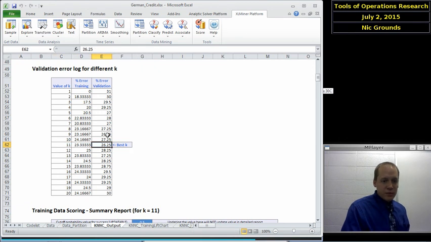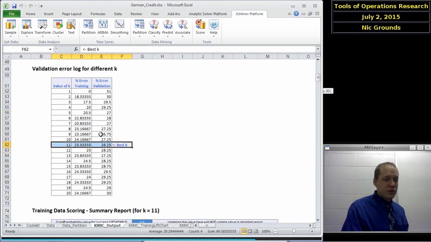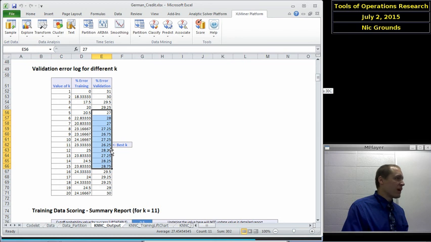Now, a k of 11 seems optimal, but let's be honest, every k in this range isn't really that much different, right? A percent error change of 1 or less than 1. We're not talking about something being far superior to its peers. Any k in this basic range seems to be doing about the same, okay?